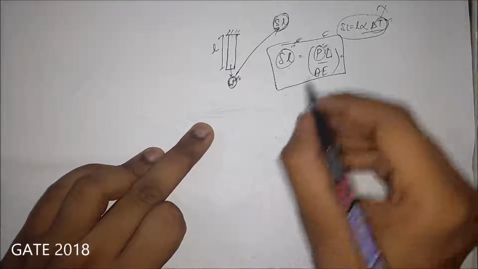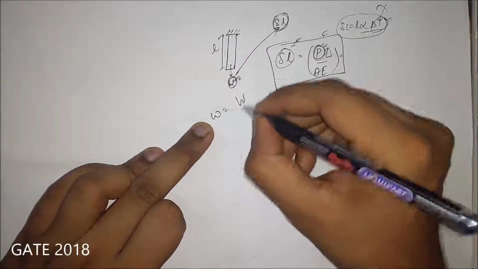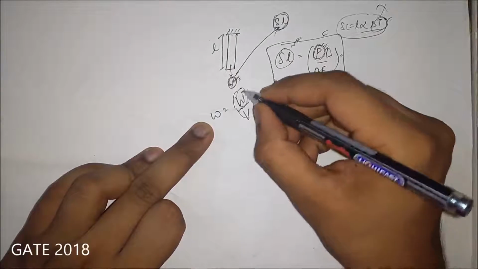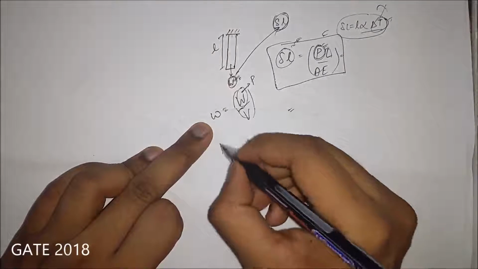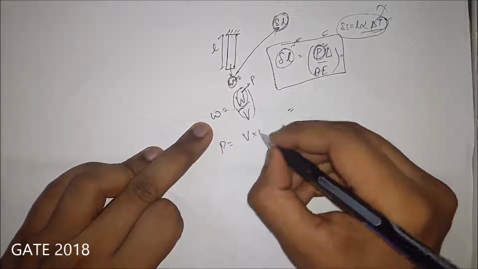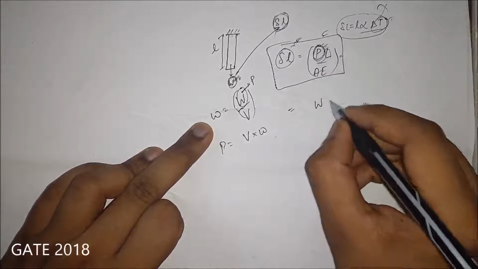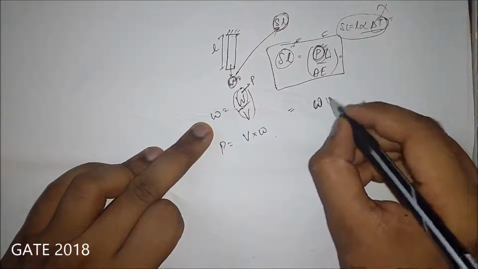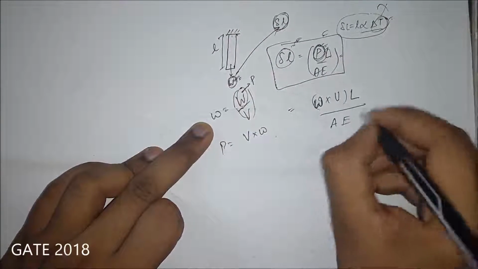Now here, weight density is weight by volume, total weight. This weight is nothing but the load itself. So the load can be written as volume into weight density. So I will write this as weight density into volume into L by AE, correct.